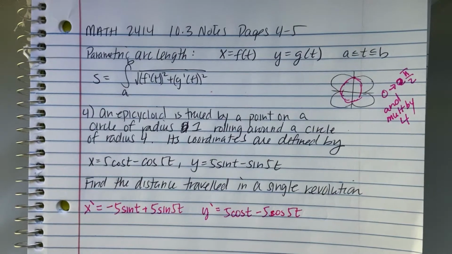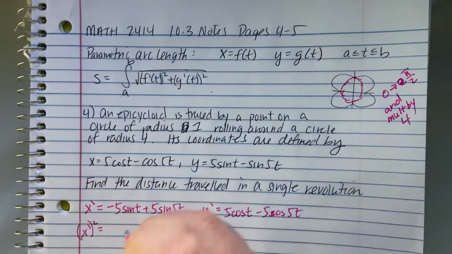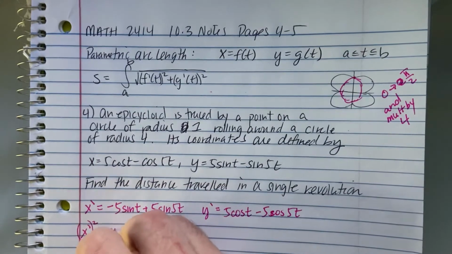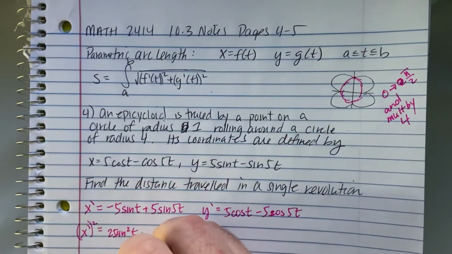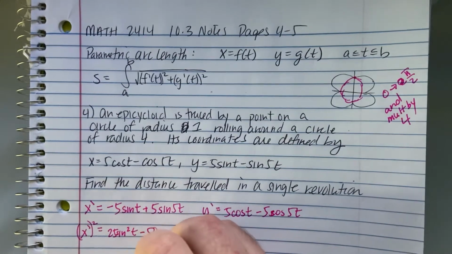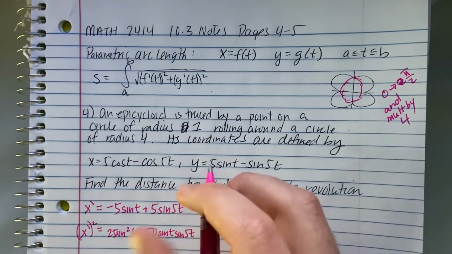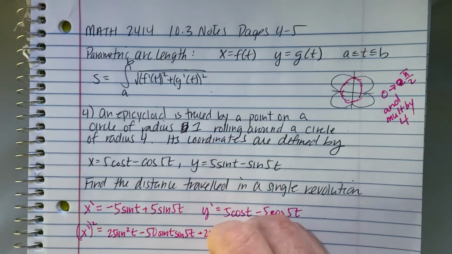Okay, so it says I need to square both of those things, which is kind of unfortunate for everyone, but let's do this. So x prime squared is, we're going to have 25 sine squared t minus 50 sine t sine 5t plus 25 sine squared 5t.